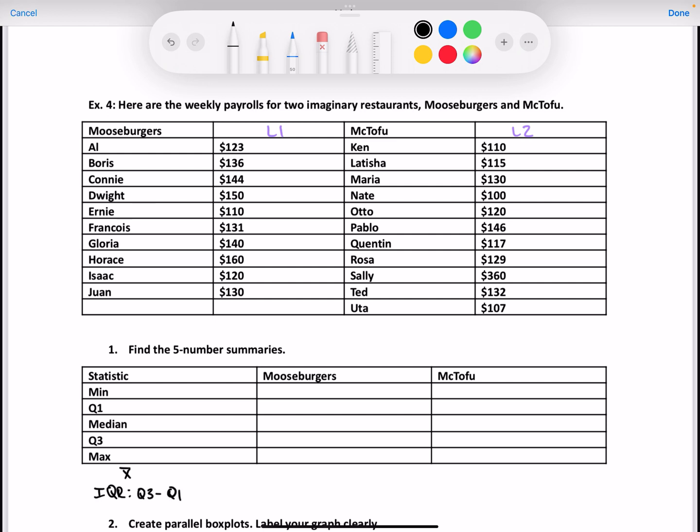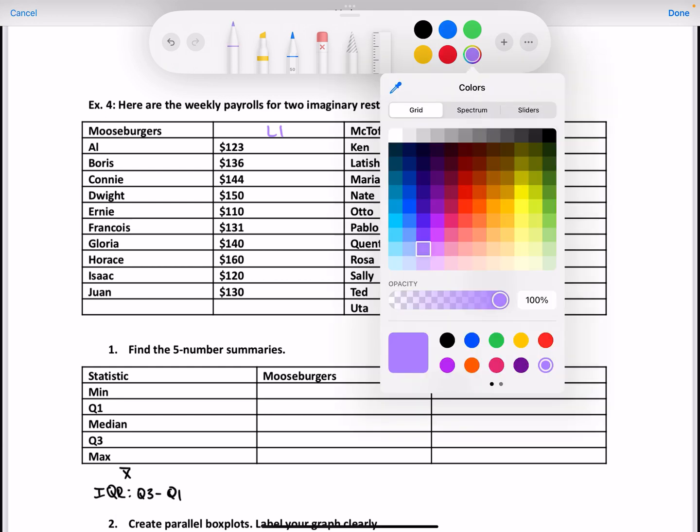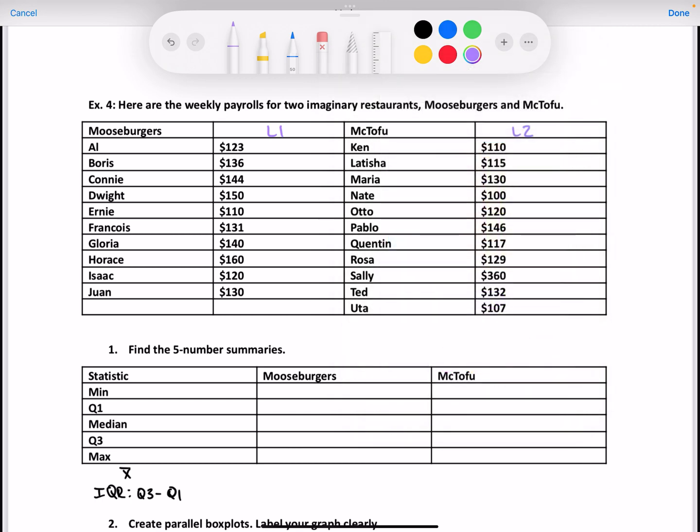X bar means mean, X with a bar over top of it. Just because we're going to need it, and that way you don't have to go back and do it later. So basically just find Q3 minus Q1 because we're going to need it for outliers potentially.